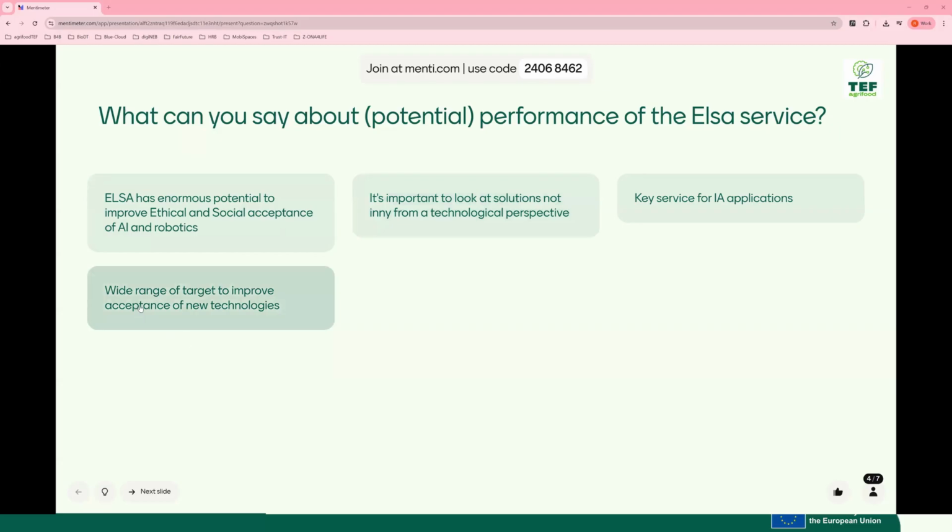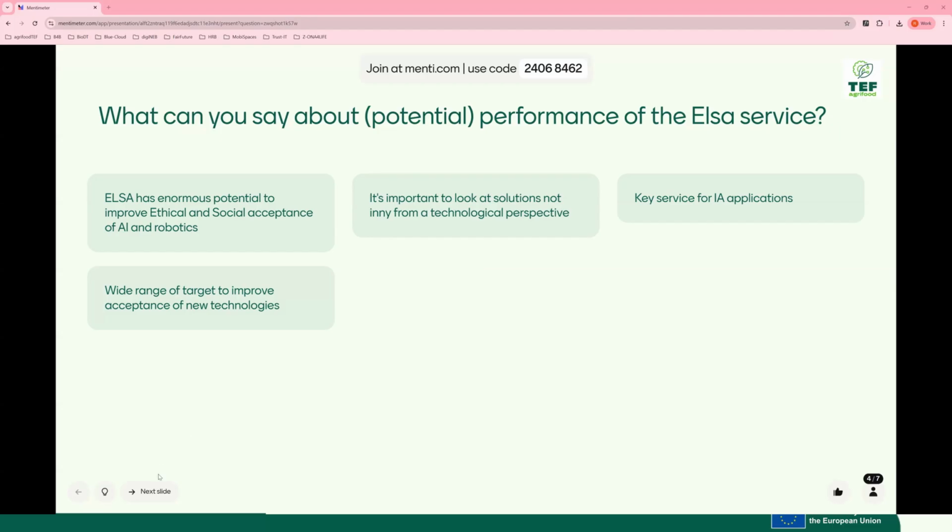And that we also have a wide range of targets to improve acceptance of new technologies. I don't know, Gianni, if you would like to say something about these comments. Yeah, it's what we expect. We expect this functional performance of the ELSA service. There is no specific comment.